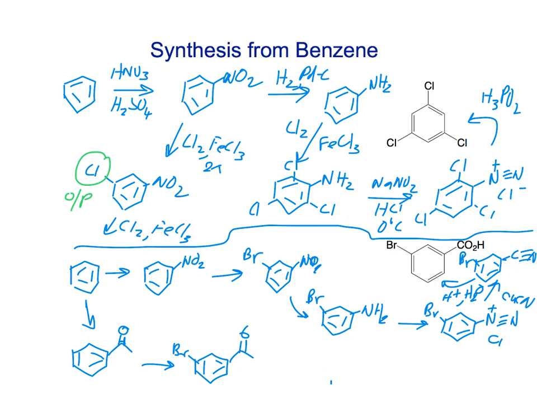Okay, and so the question is, can we then convert the acyl group into the carboxylic acid, to get to here? So how do we do that last step? Potassium permanganate? Well, it might do that. We can oxidize alkyl groups with that.